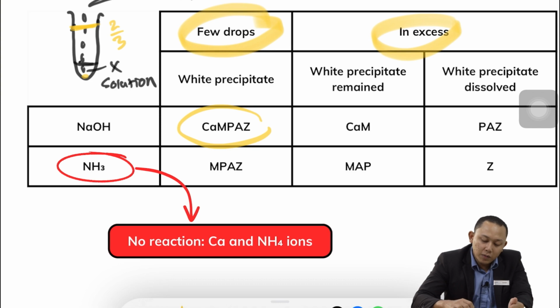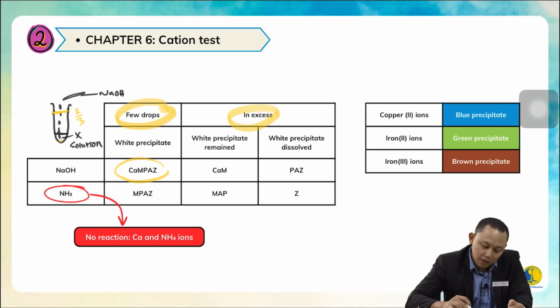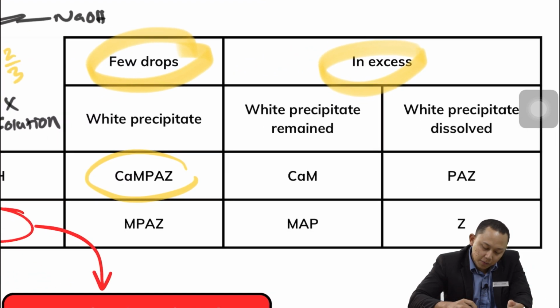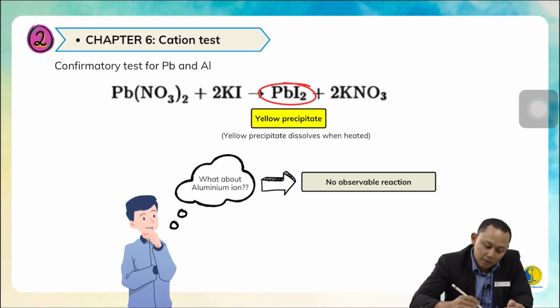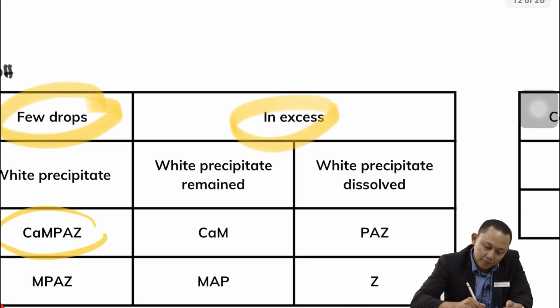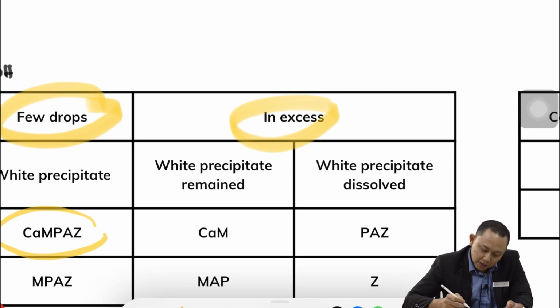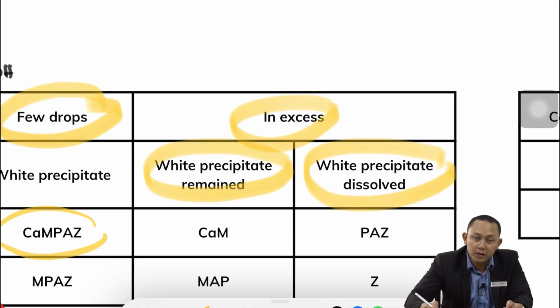There will be two types of observation: a white precipitate will remain or a white precipitate will dissolve.